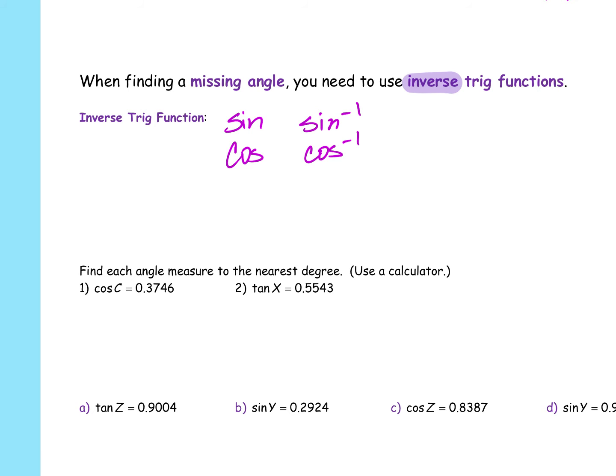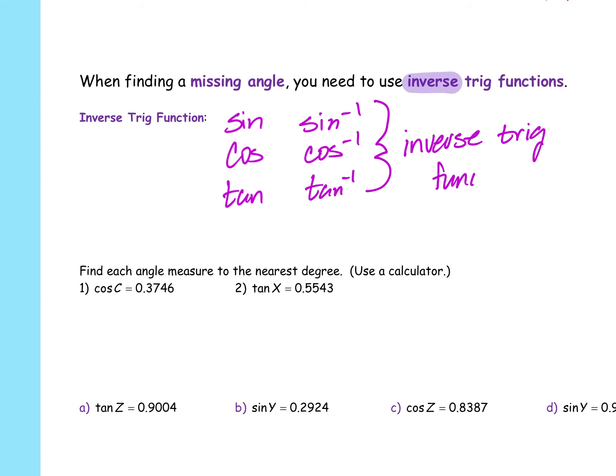That little -1 when it has to do with trig functions or functions actually, if I'm using function notation, means inverse, okay? So sine, cosine, tangent. Then I have tangent inverse. So these are inverse trig functions used to find angles.